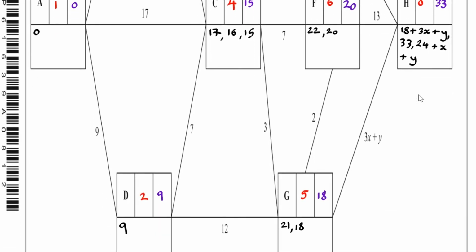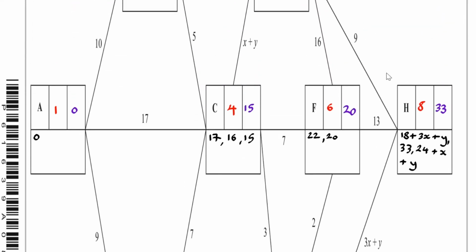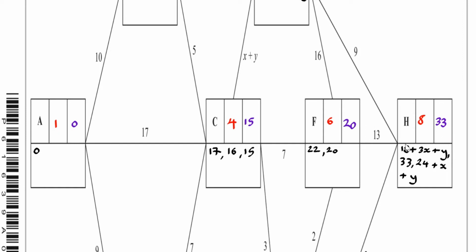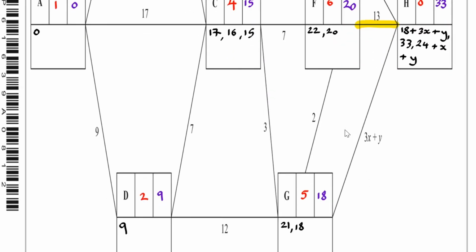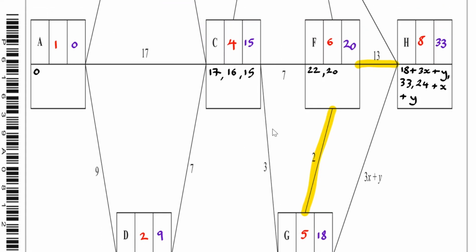So here, 33 take away the 13, that will be 20. 20 take away 2, that would be 18. 18 take away 3, that would be 15.